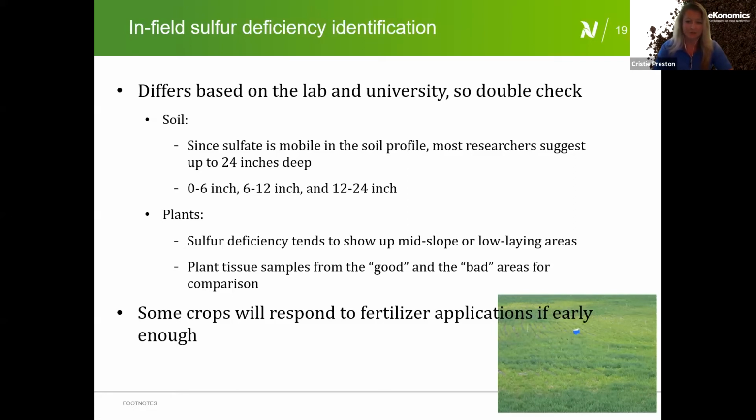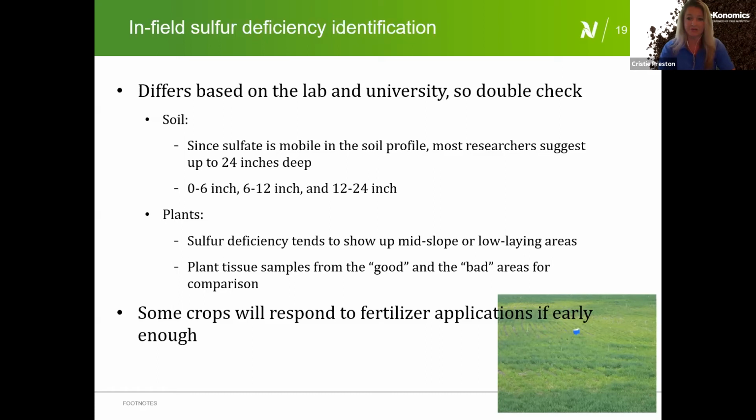Now, on the eKonomics website, we have a couple of articles that talk about sufficiency levels within the plant. But here, we just want to look at if the bad area has significantly less sulfur within the plant tissue or within the soil, then more than likely, that's why these areas are not doing as well.